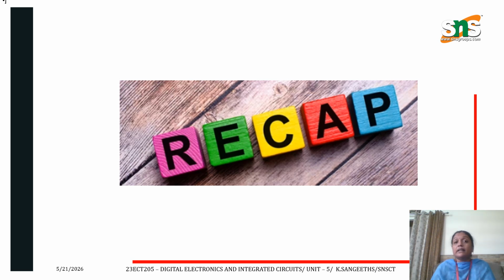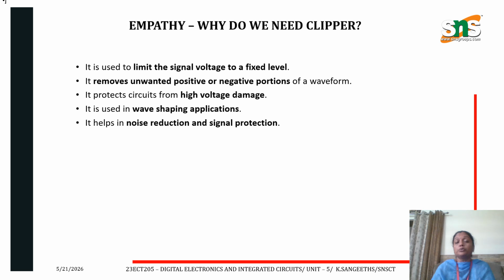And the differentiator is also a wave shaping circuit that converts the square waveform into spikes by recording the rapid changes of the input signal. So let us move on to today's topic.